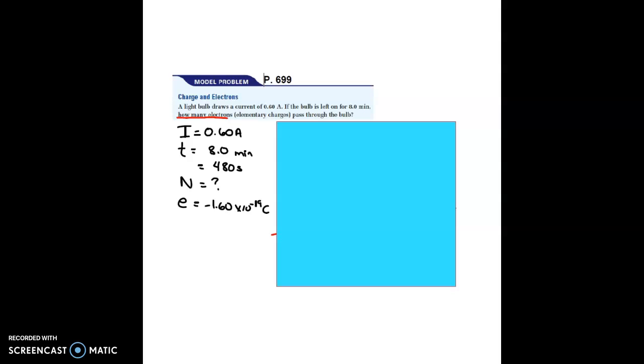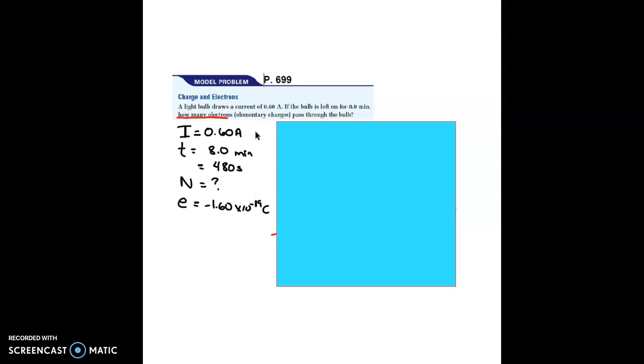How many should spark N. When a current exists in a light bulb, it's electrons that are passing through, not protons. If you know the amount of charge that passes through the light bulb, you can use the magnitude of the elementary charge to find the number of electrons. So our goal is to find N, the number of electrons passing through the bulb.